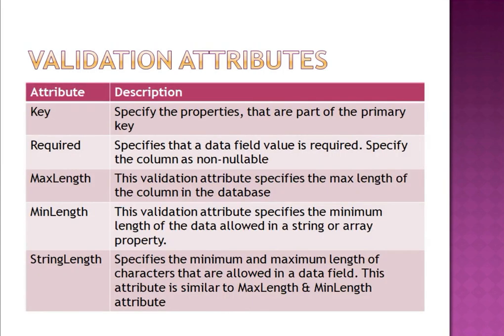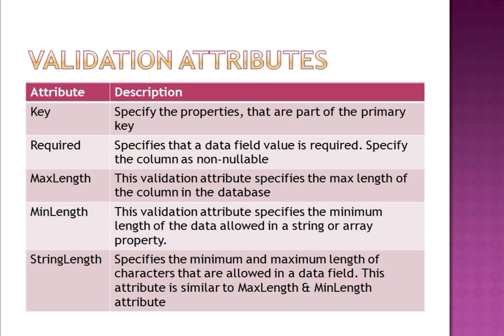Again, I listed it in the form of a table. So these are the attributes and this is the description of each. The first attribute is the key attribute, which is used to specify a primary key for your table. Many times we are unable to follow the code first convention. What is the code first convention for primary key?